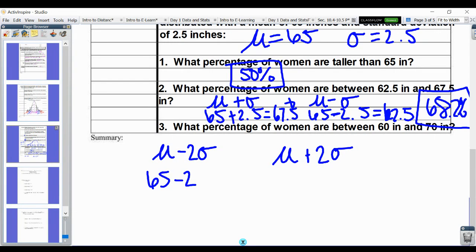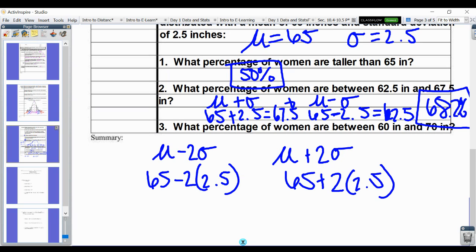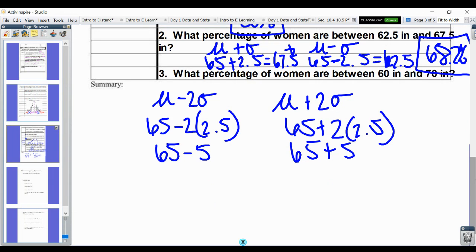Subtract 2 times our standard deviation, and then take the mean plus 2 times our standard deviation. You take 2 times 2.5, you get 5. And this becomes 60 and 70.